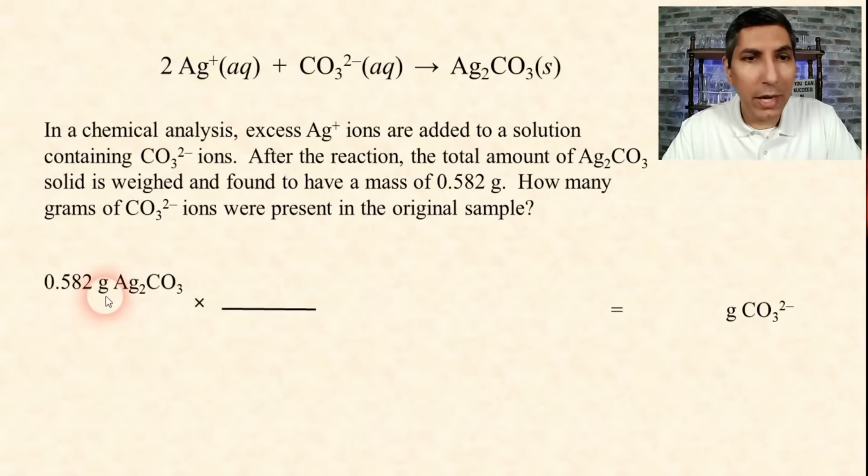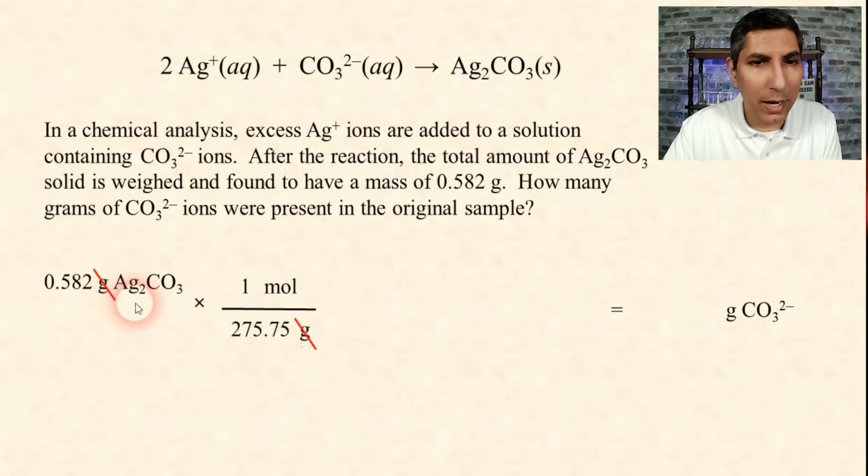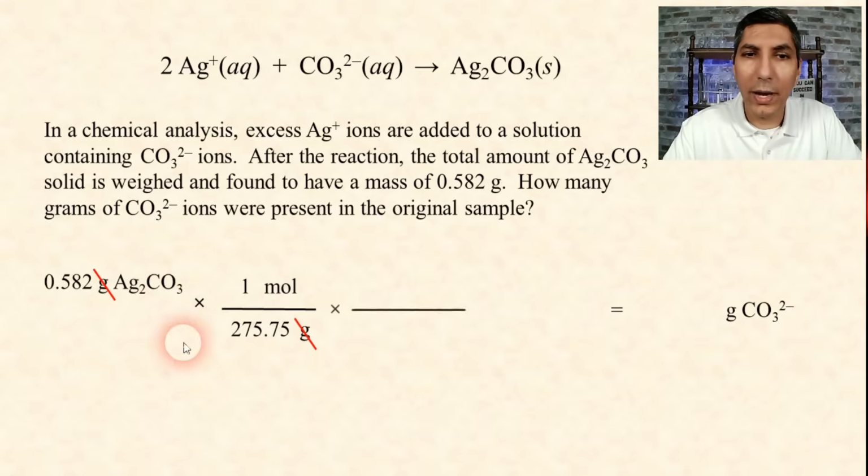So that means in our denominator, we have to put grams down here, so it'll cancel, and moles on top. Now, we can consult the periodic table, and we can see that 1 mole of silver carbonate, Ag2CO3, has a mass of about 275.75 grams. So we can cancel grams top and bottom, and we're in moles of silver carbonate. Now we can go on to step 2, which is the mole ratio.